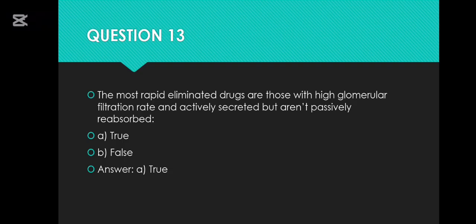It's simple here. You know the glomerular filtration rate. The glomerular filtration rate is the delivery of drug to the nephron, into the glomerulus. So if you have a lot of blood delivery to the kidney, that's why you should first base the understanding.